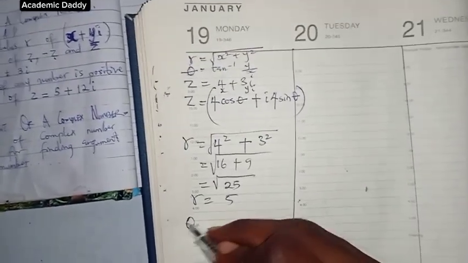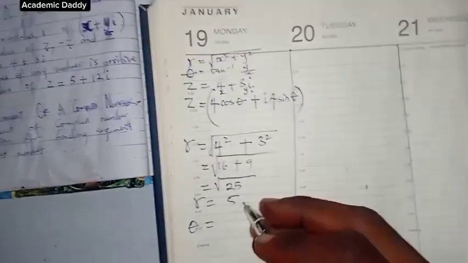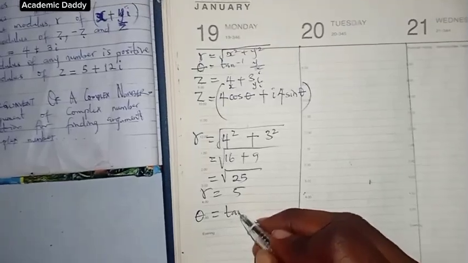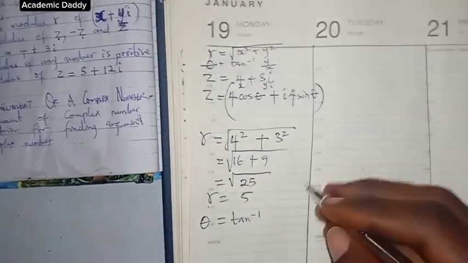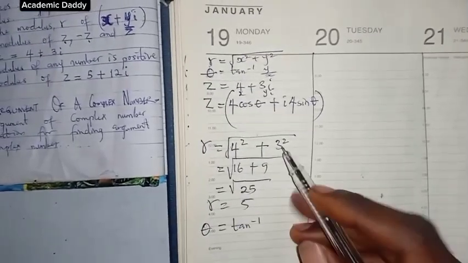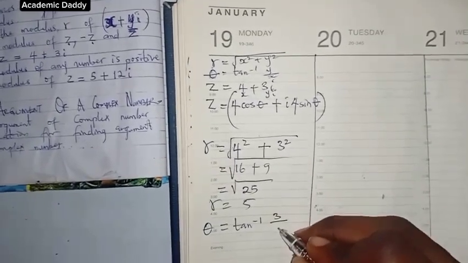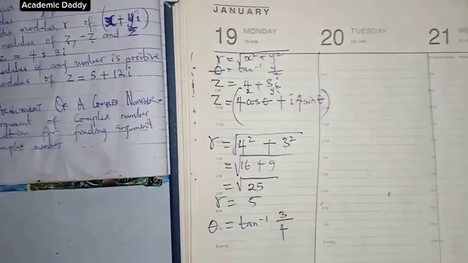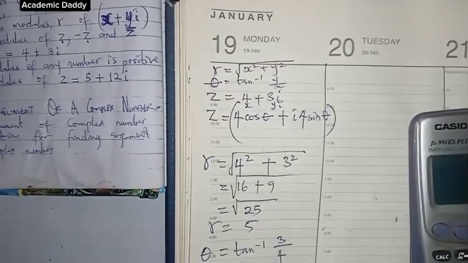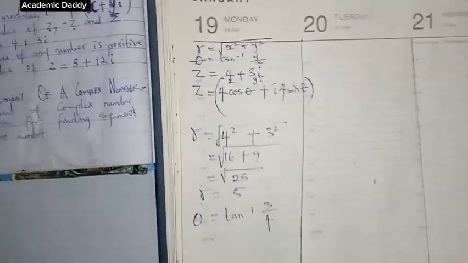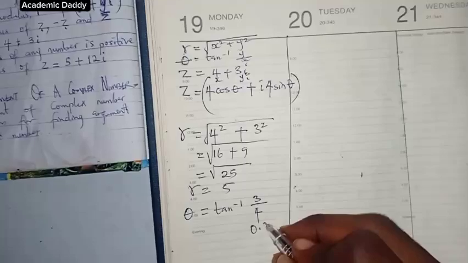Then for theta, the argument or angle, I will have tan inverse of y over x. Y in this case is 3 over x, 4. First of all, 3 divided by 4 is 0.75.